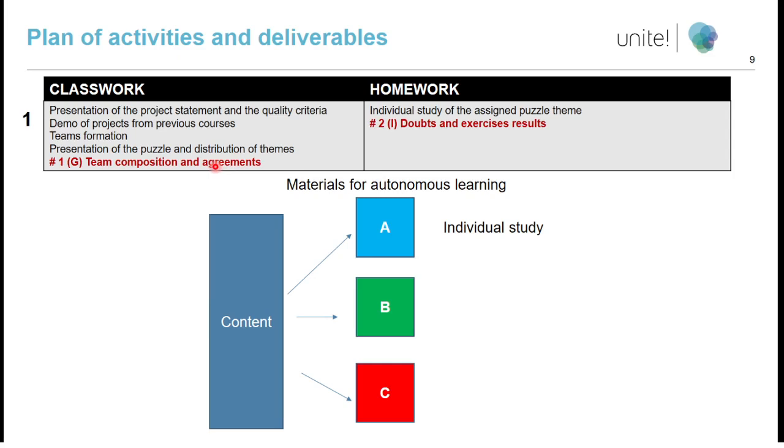For instance, we liked that teams also agree in this document on the preferred days and time slots for their weekly meetings outside of class, because they will have to meet during the week. You will see in the planning that there will be a lot of work that they will have to do together outside the class. The second deliverable is individual.